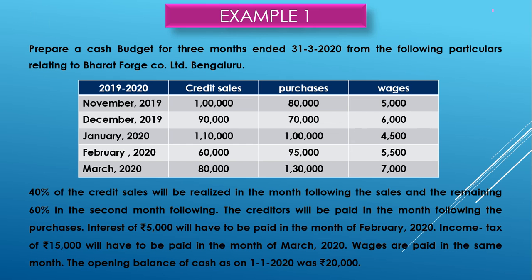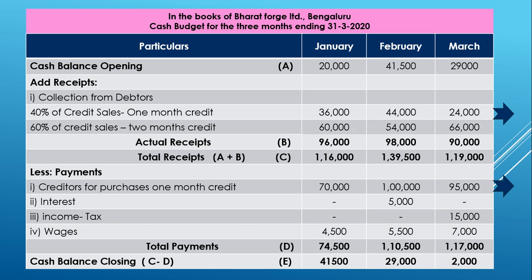You can see in the example at the last line the opening balance of cash was rupees 20,000. To this opening cash balance, whatever receipts are there, we will add the receipts, and if there are payments, we will deduct such payments.